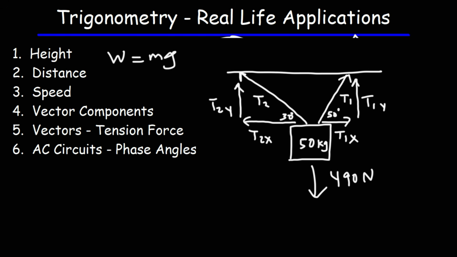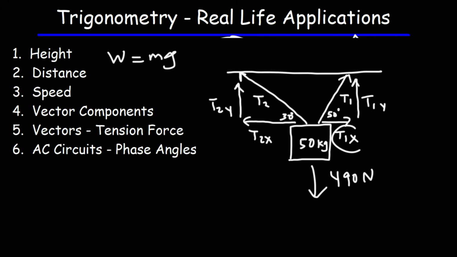Now, in order to solve a problem like this, you need to use trig, because you need to break up T1 into its x and y components, and that requires sine and cosine. So to solve a problem like this, trigonometry has to be used. In order to get T1 and T2, the tension forces in the rope, you need to basically create a free body diagram, which is what we've done, and balance out all the forces in the x and y direction.